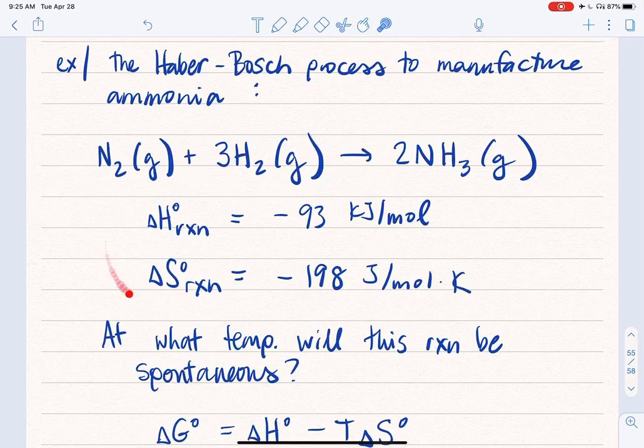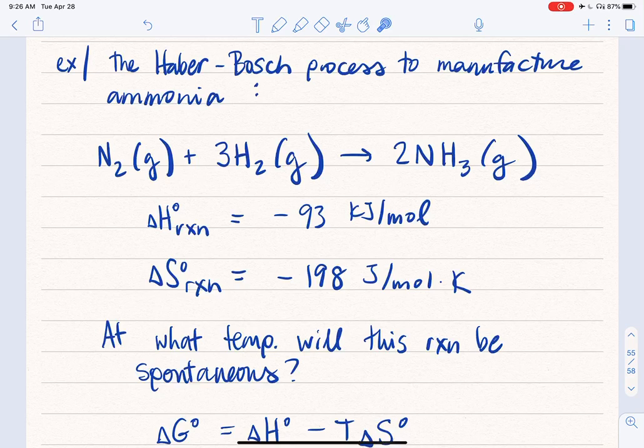Now, you could calculate the delta H of the reaction by looking up the heats of formation in a table as negative 93 kilojoules per mole. Here I'm just going to give you these values. Same for the delta S of the reaction, negative 198 joules per mole Kelvin. You can actually calculate this by looking up entropies of formation in your book's appendix.